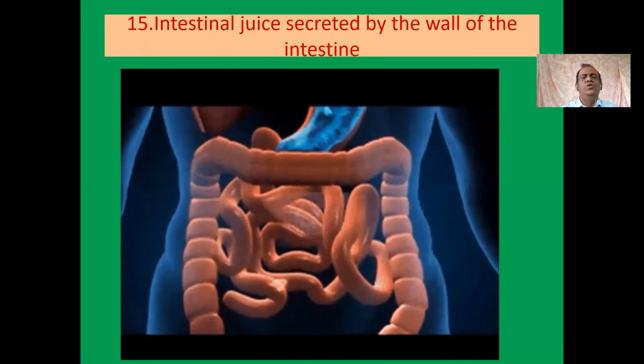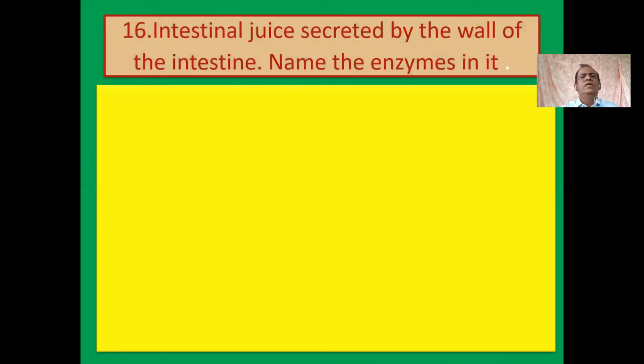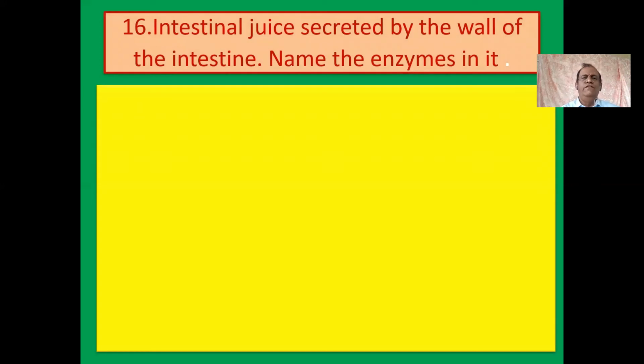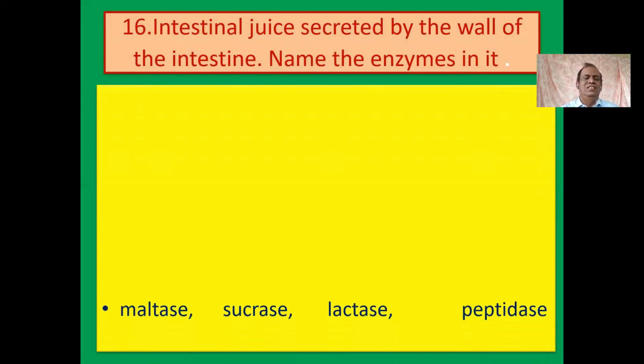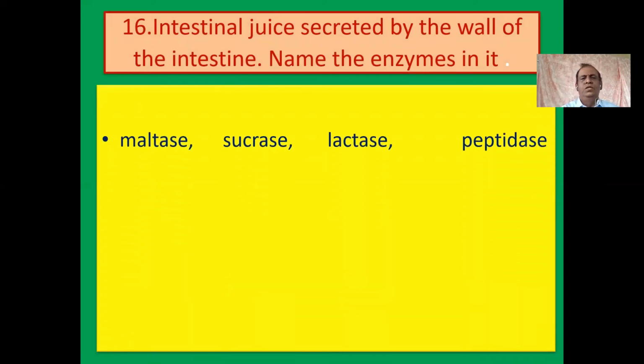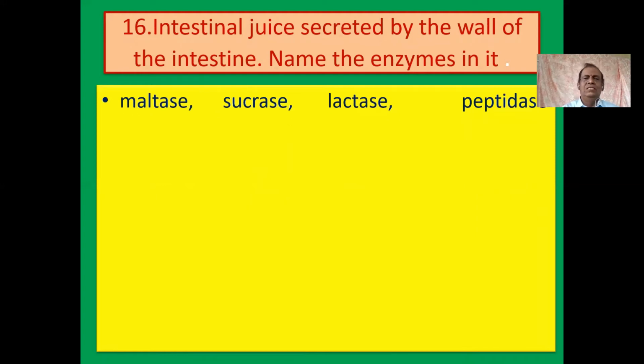The intestine is a very long tube. Name the enzymes in the intestinal juice from the wall of the intestine: maltase, sucrase, lactase, and peptidase. Names ending with -ase mean that it is an enzyme.